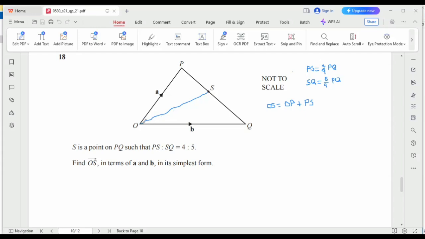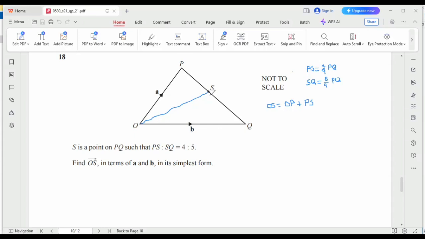So I could say OS is OQ plus QS. But there's no need for me to do that since I already know I can go from OP to PS. You can try the other route on your own. You get the same answer.